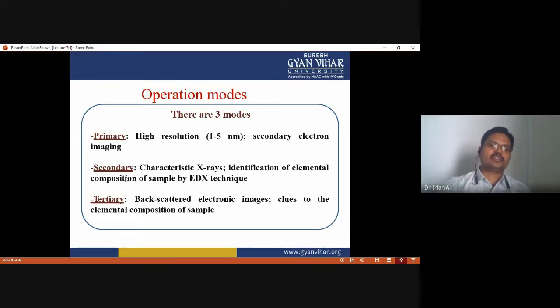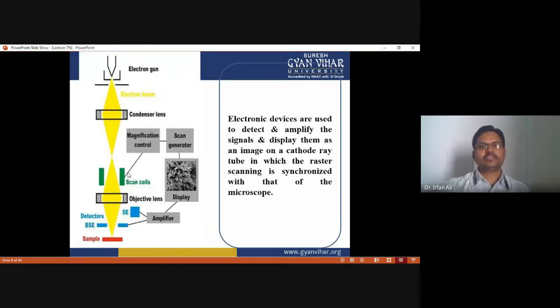The secondary operating mode uses characteristic X-rays for identification of the elemental composition of the sample by the EDX technique, and tertiary is backscattered electron imaging, which also relates to the elemental composition of the sample. These are the three ways by which we analyze our sample under the scanning electron microscope. Now you have to see how these are arranged.